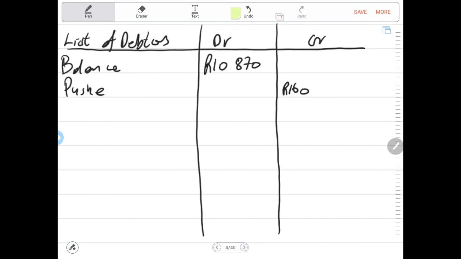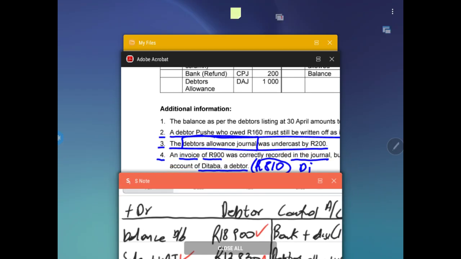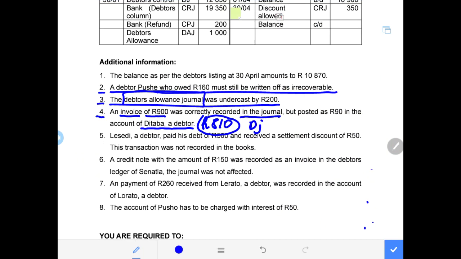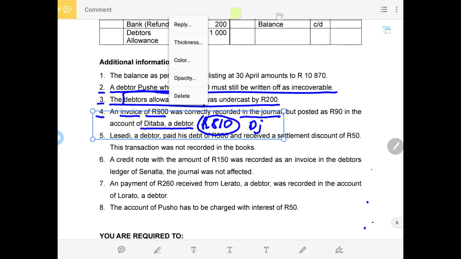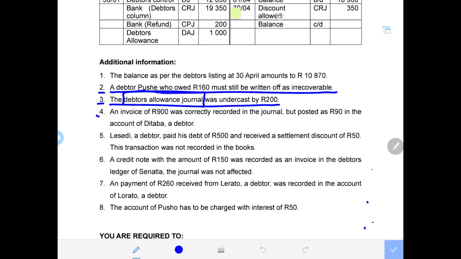We go to the list of debtors, then we write Ditaba, and we increase the account of Ditaba on the debit side because his account was recorded very much less than it was supposed to be. 90 rand only was recorded on the debit side, yet this was supposed to be an amount of 900 rands, increasing the account of this customer on the debit side. Remember, debtors are assets, and assets increase on the debit side.